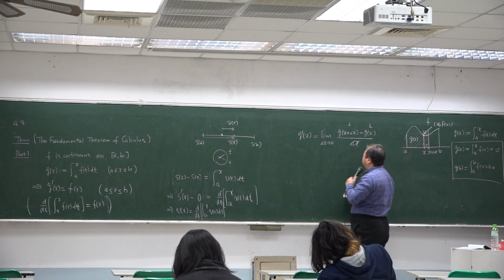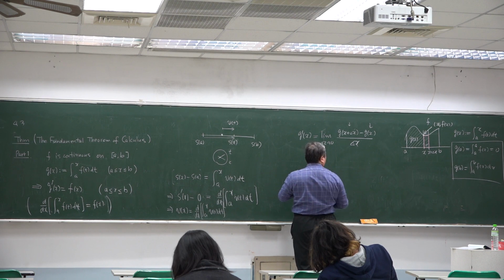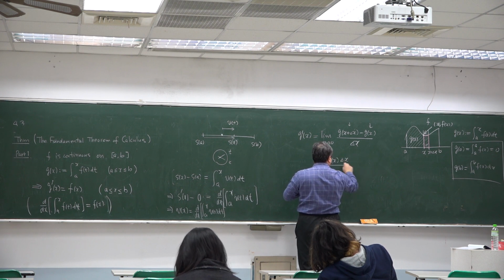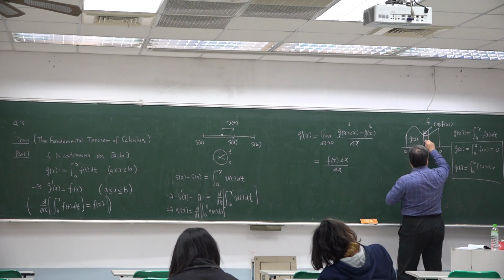So as you can see, g prime x equals delta A over delta x.